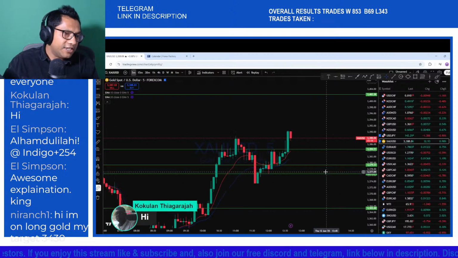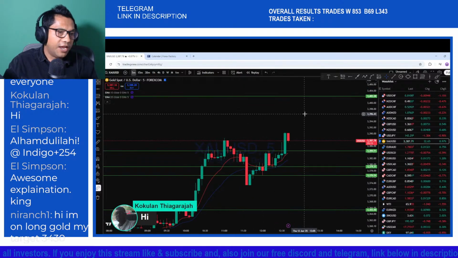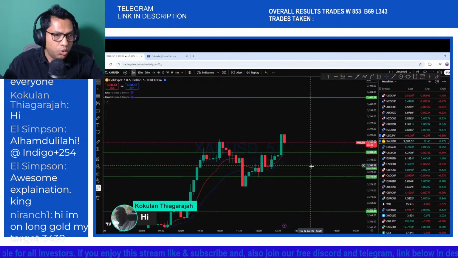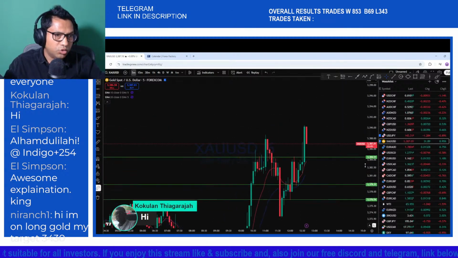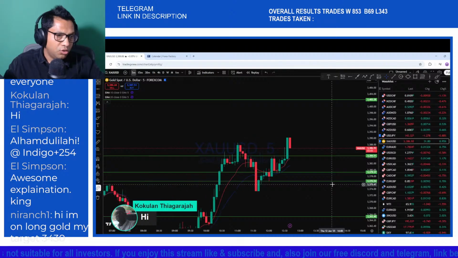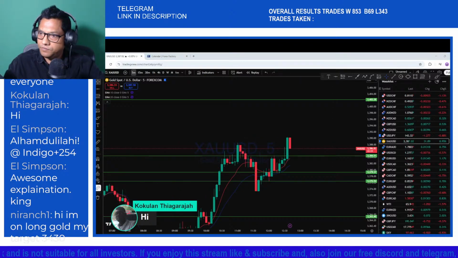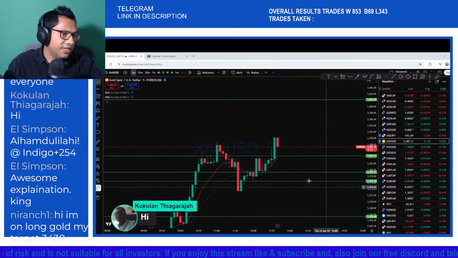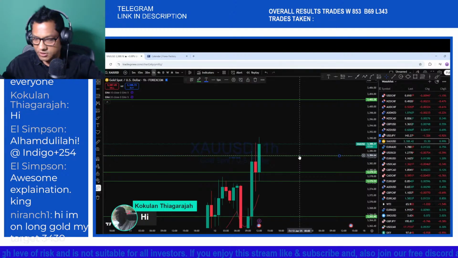So we can see that here in this area, this is the structure formation, and with that structure formation, we expect the market to give us an entry, and as soon as you find that entry opportunity, you will be looking into the trade. And that pullback that we can see is necessary to look at. Let me delete this.